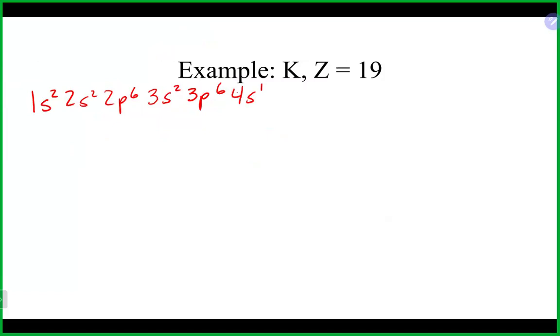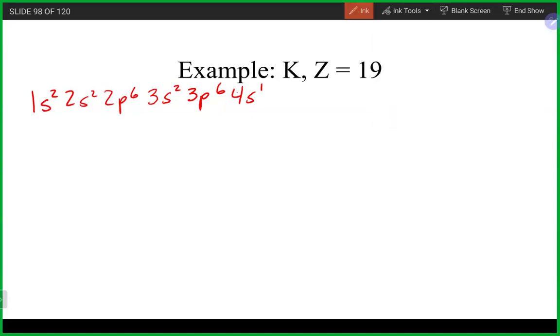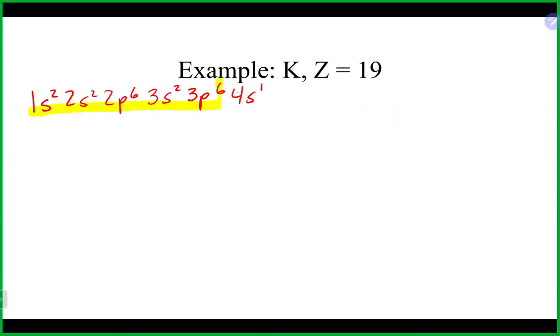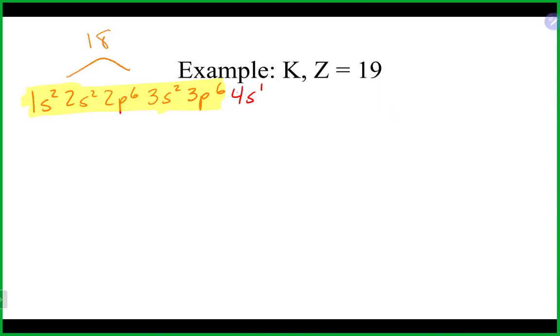Now, when we look at the electron configuration for potassium, up until this point in the configuration, how many electrons is that? That is 18 electrons. You could get it by counting the top numbers. Now, when we look at the periodic table, number 18 is what element?